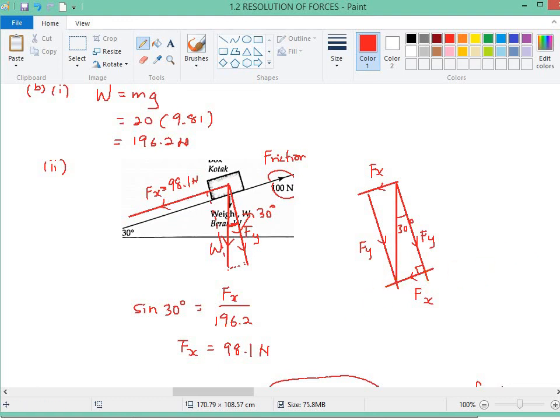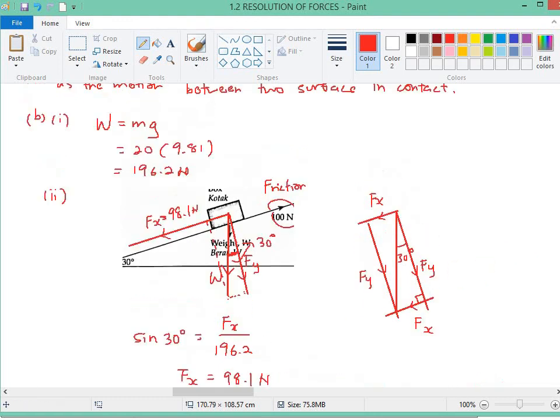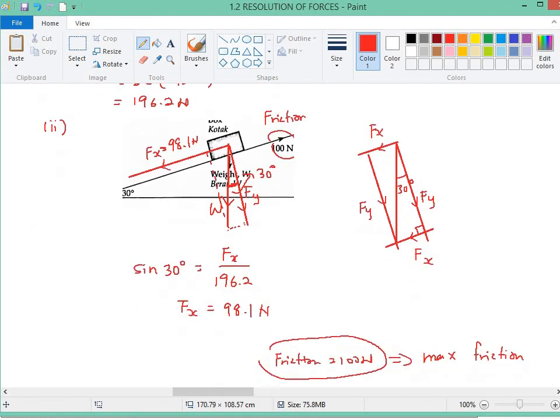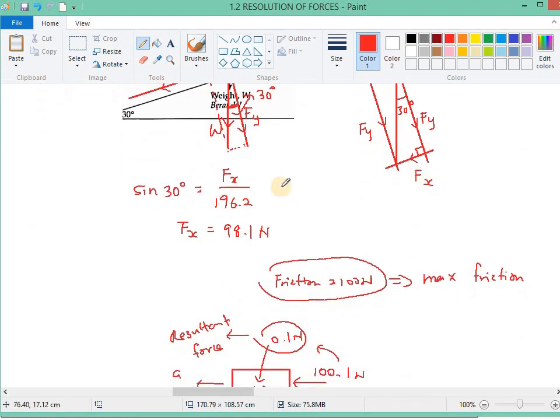So that means what? The question asks for resultant force. Okay, B2. The question asks for resultant force. So the resultant force is 98.1 plus negative 98.1 also.